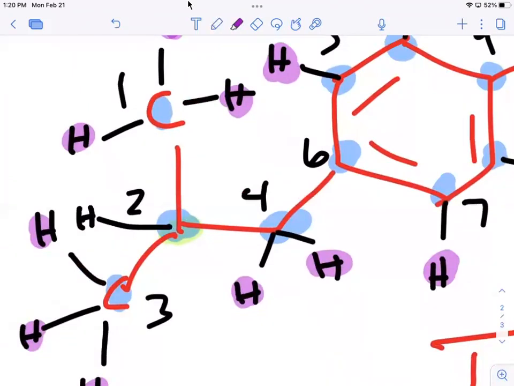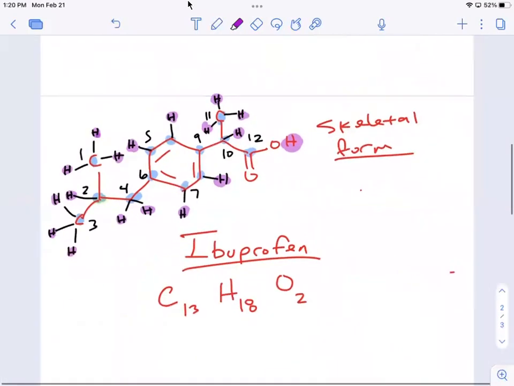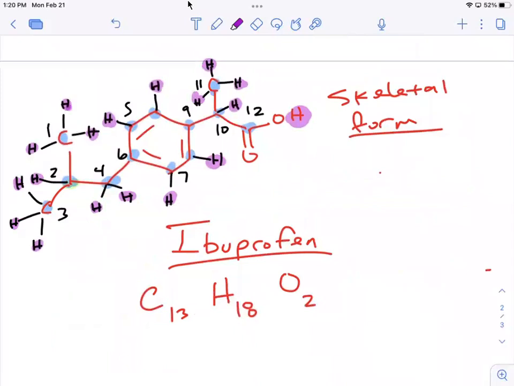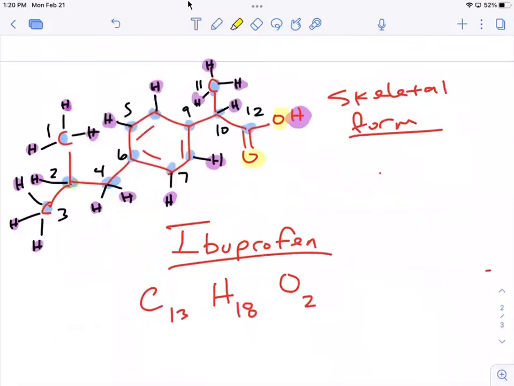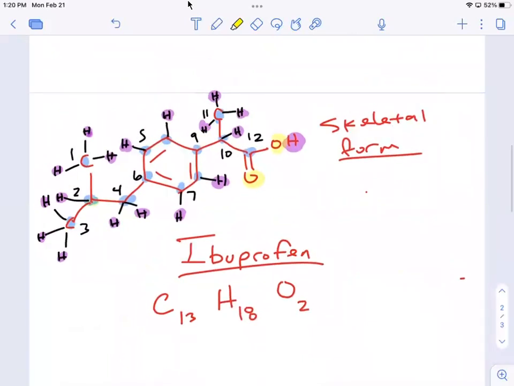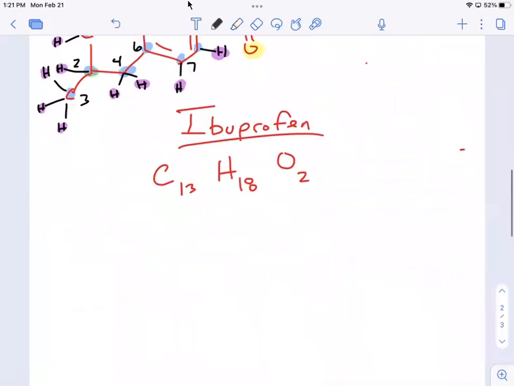There's also one there. So that's 18 hydrogens. And then obviously you can see the 2 oxygens, here and here. So that's why ibuprofen has this molecular formula of C13H18O2.